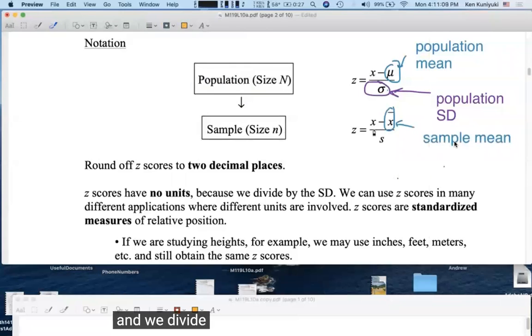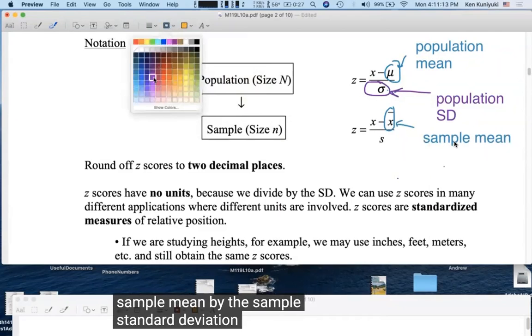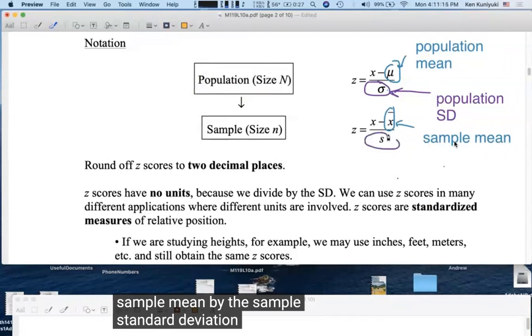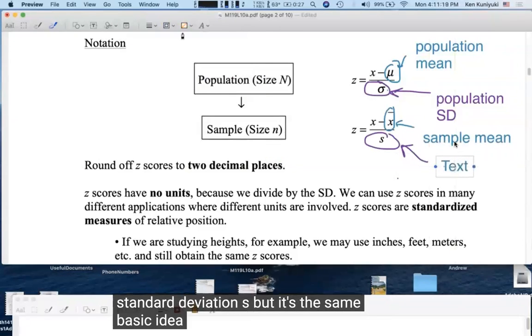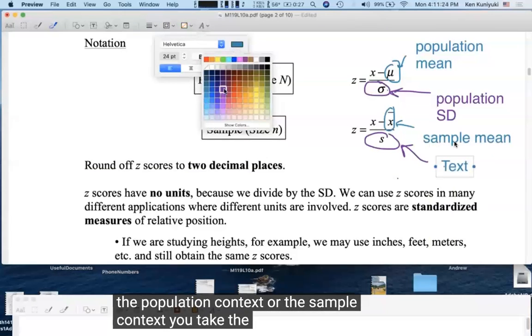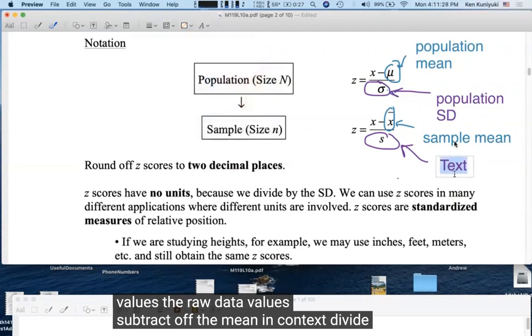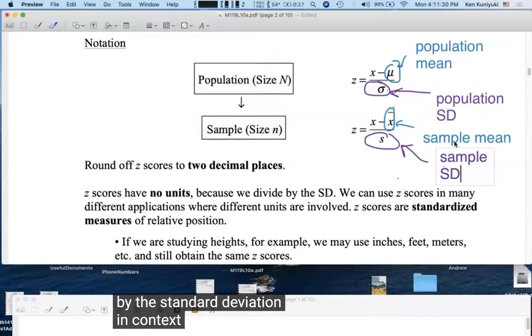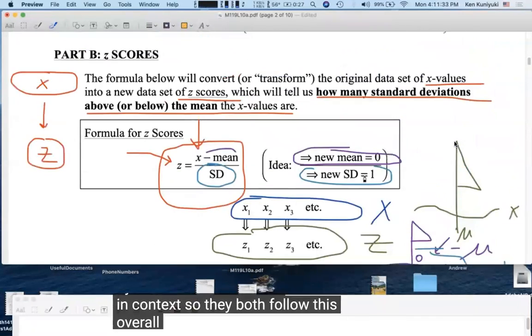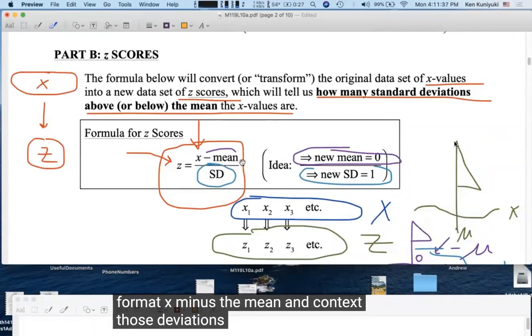And we divide those deviations from the sample mean by the sample standard deviation, S. But it's the same basic idea whether you're dealing with the population context or the sample context. You take the raw data values, subtract off the mean in context, divide by the standard deviation in context. So they both follow this overall format: X minus the mean in context, those deviations, divided by the standard deviation in context.